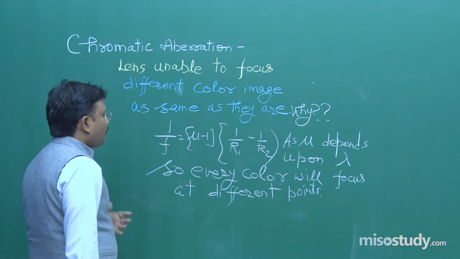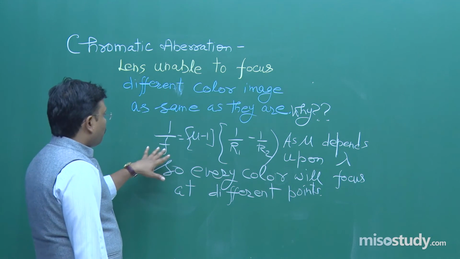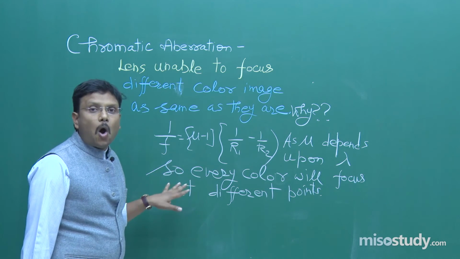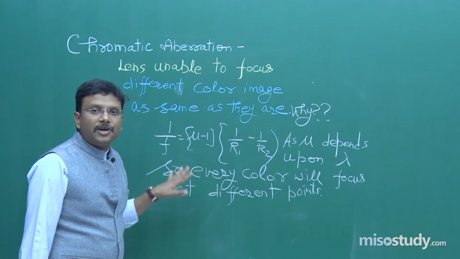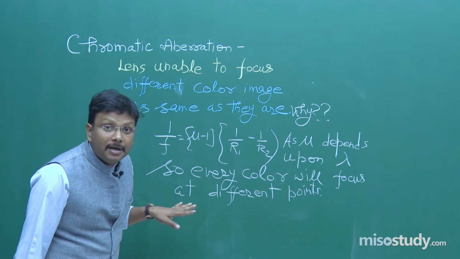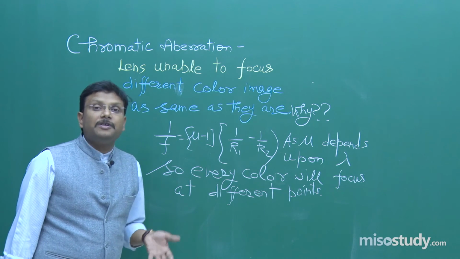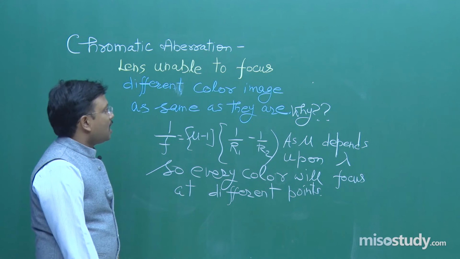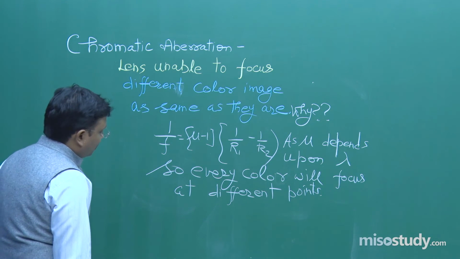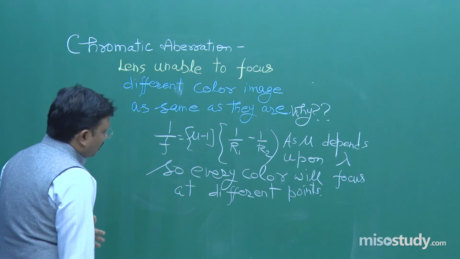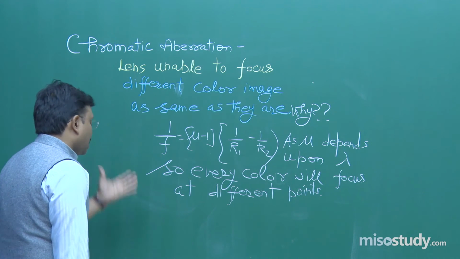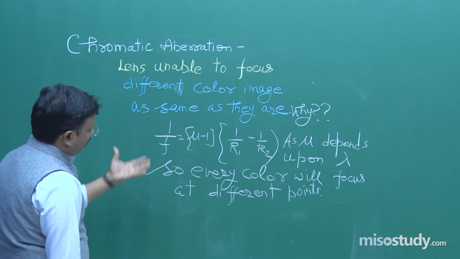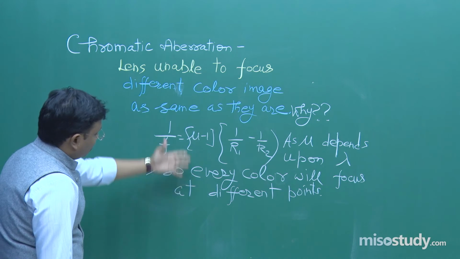The reason, I hope, is now clear to all of you: focal length is not the same for each and every color, because mu depends upon wavelength, as Cauchy's formula that we discussed. Because of this, aberration comes in the images formed by a lens.